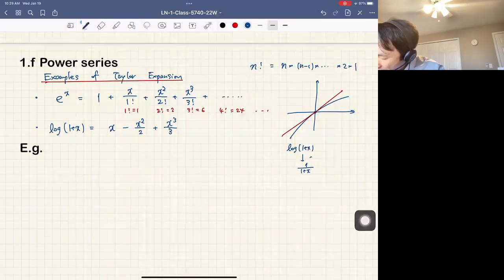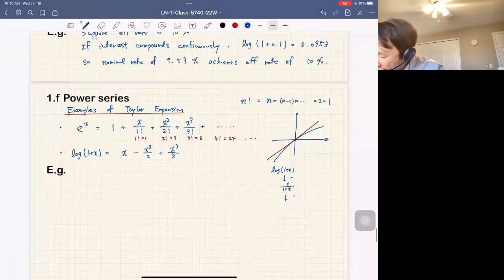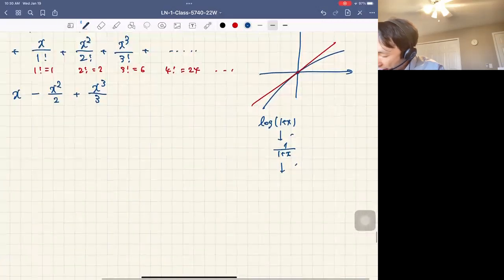Then log of 1 plus x, and 1 over 1 plus x is the derivative. We differentiate this again, so this becomes negative 1 over 1 plus x squared, right?